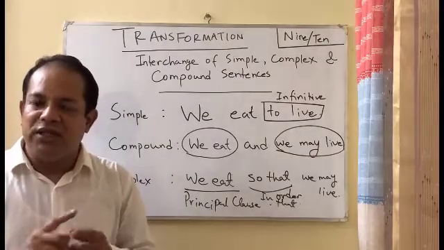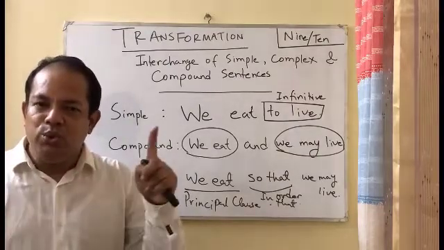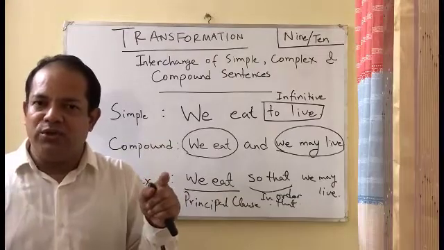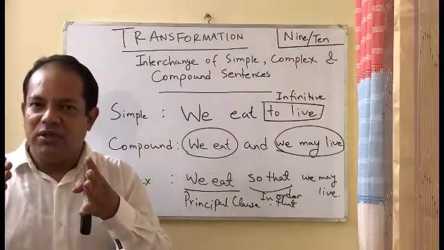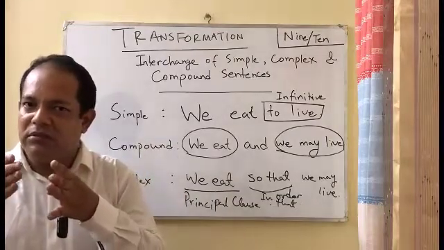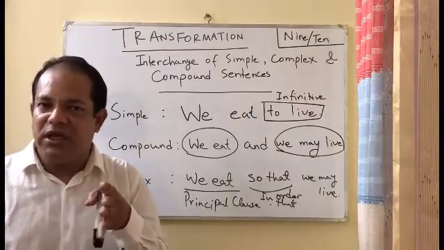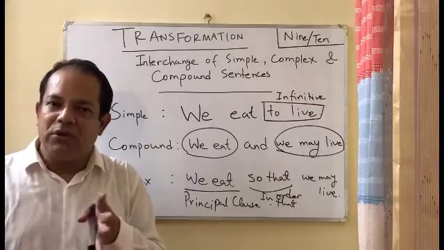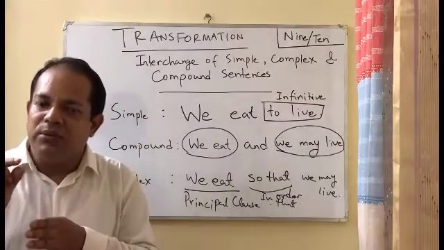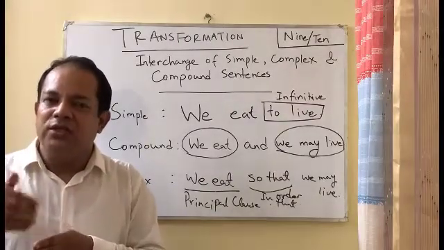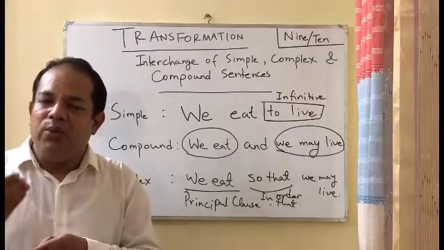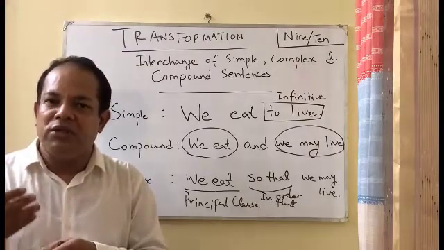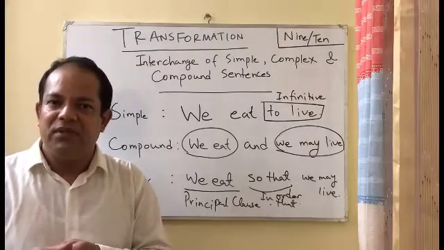In compound sentence you will see two coordinate clauses, coordinate clause 1 and 2, linked with coordinate conjunctions, and these coordinate conjunctions are fanboys. And in complex sentence you will see one principal clause and one subordinate clause linked with subordinate conjunctions. As I told you, I will give you a list of subordinate conjunctions in my next class.